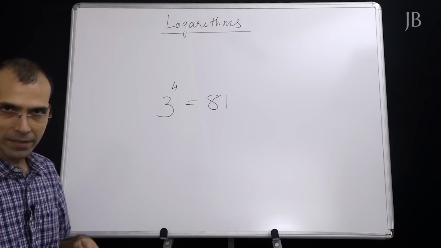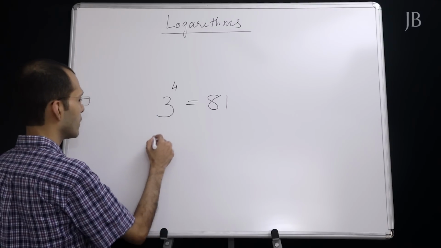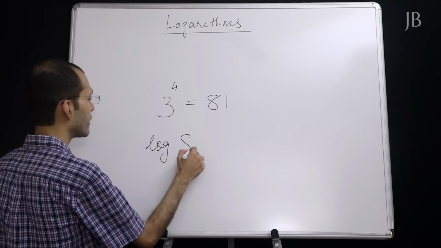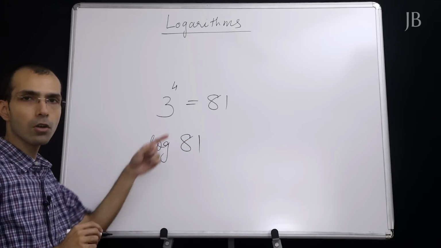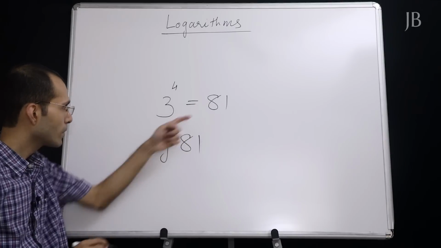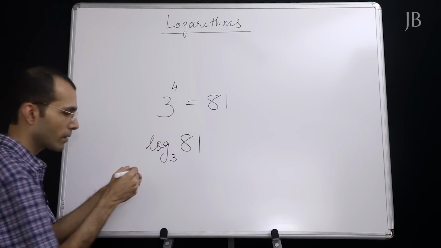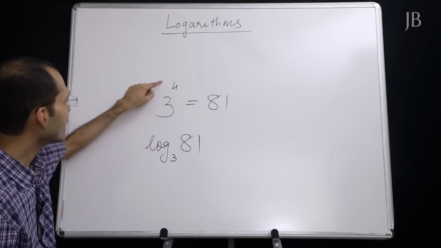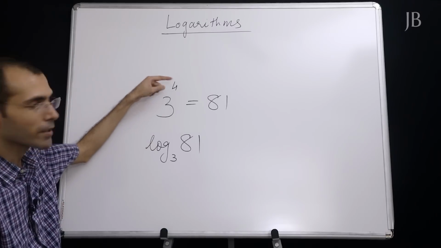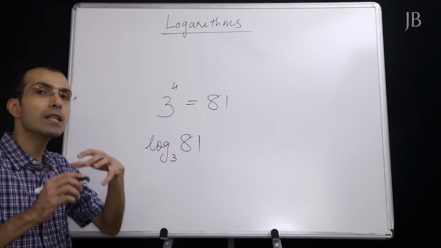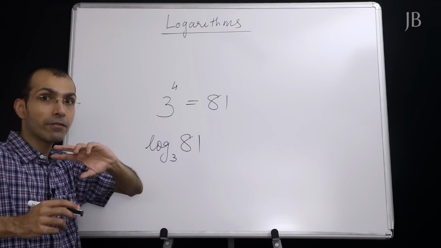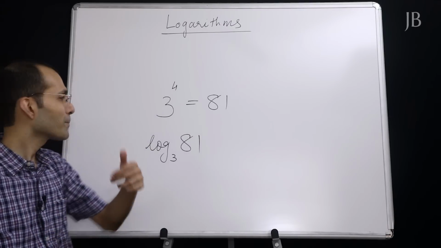So now what do we do? We say that log of 81 to the base 3. You very well know this is the base and this is the index or the power. We normally write the base a little bigger so that it can be differentiated from the power.